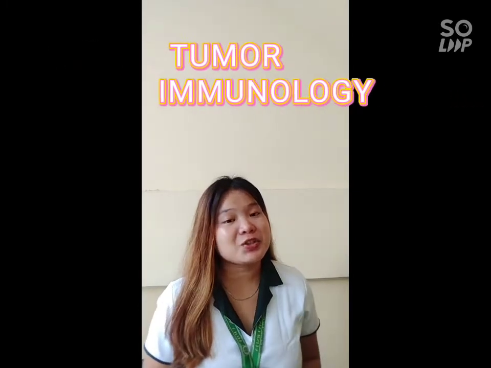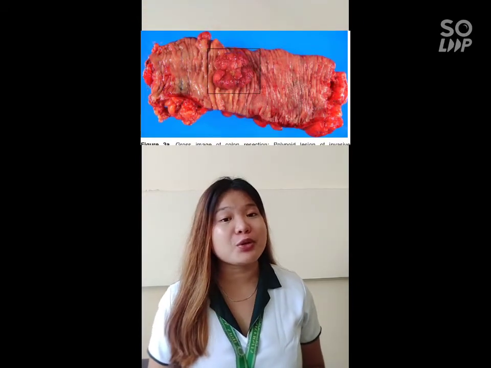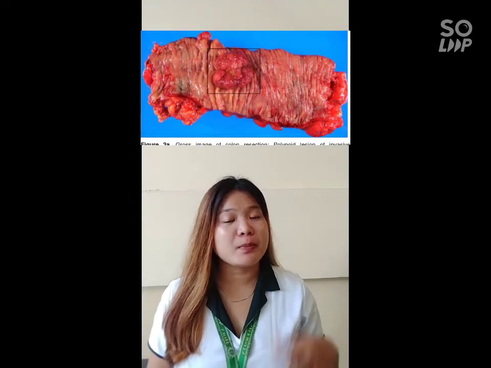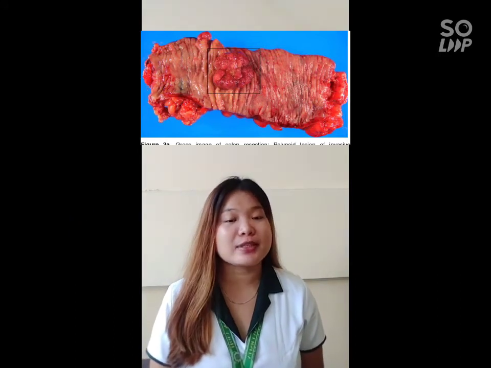Let's proceed to tumor immunology and its terms. Oncology is the study and treatment of tumors or neoplasms. A neoplasm is the proliferation of cells that produce a mass. It is either benign or malignant and arises from the mutation of stem cells. Malignant cells evade and overcome host defenses.